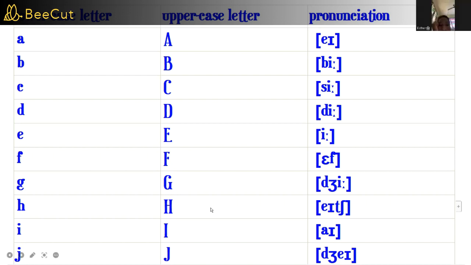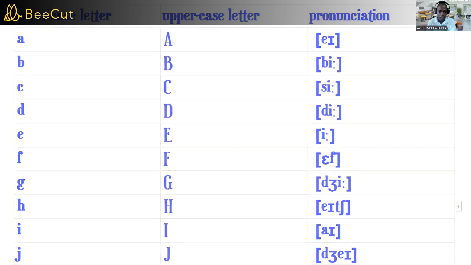Then I is the sound of I. In some cases we have E sounding as in ink, but to pronounce the alphabet itself is I. Then for J, we have J.